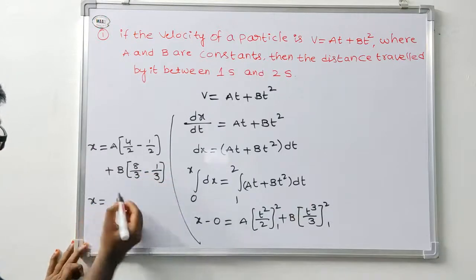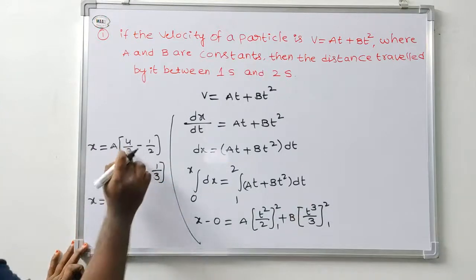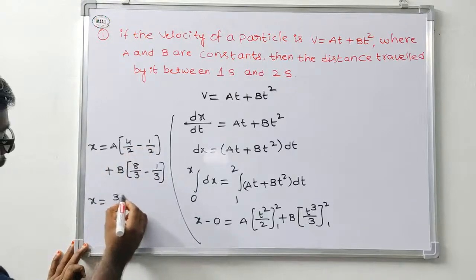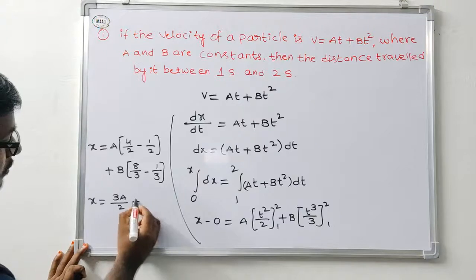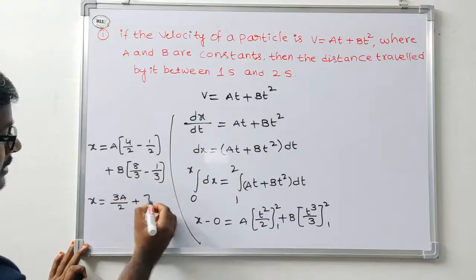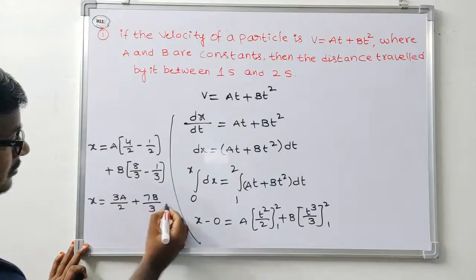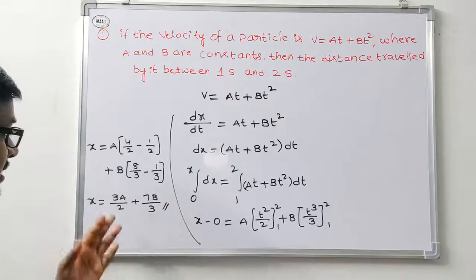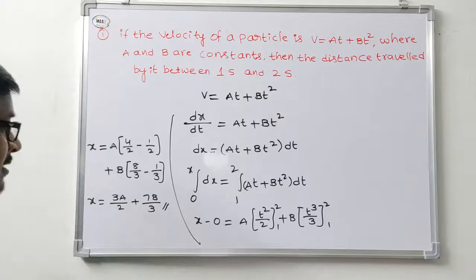Then x = 3a/2 + 7b/3. This is the distance traveled, so the answer is 3a/2 + 7b/3.